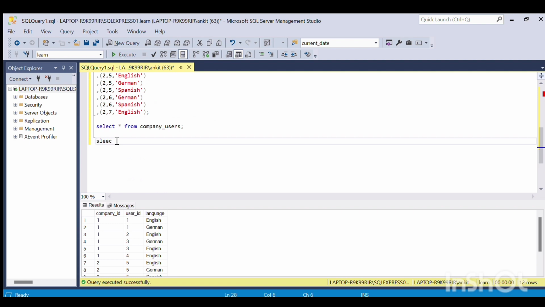So select from company users where language in English, comma, German.